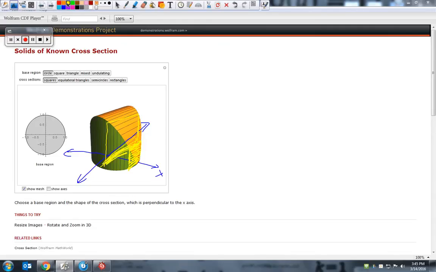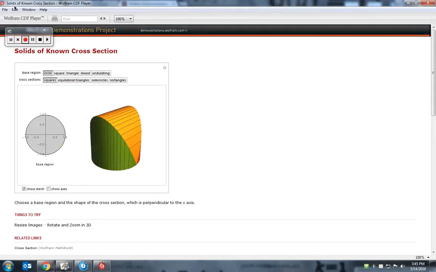Okay, so let me draw this a little bit better. And this is going to be perpendicular to the x-axis, because if I looked at it from the area point of view, that first square that I drew would be right here, in red. That second one that I drew would be closer to here. But again, they're popping out of the picture because of what you see as far as the cross sections.